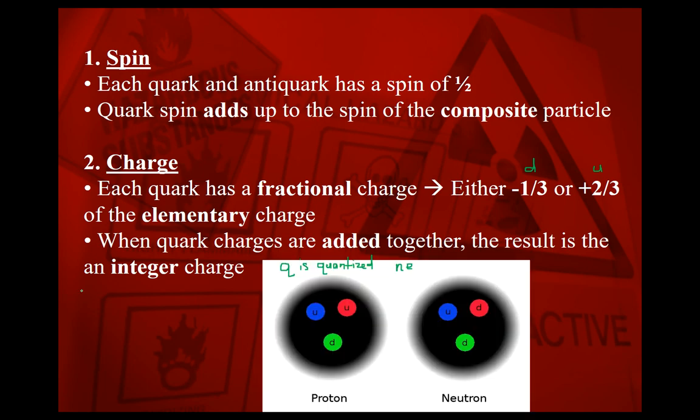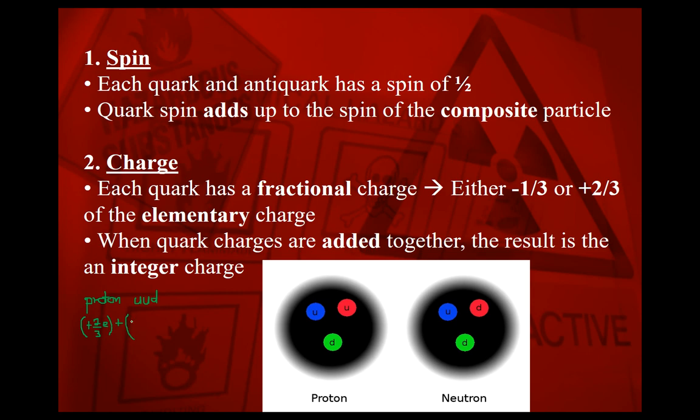Okay, so here's a diagram that shows the quark configuration of both a proton and a neutron. So a proton has a quark configuration of U, U, D. So let's confirm this. What happens if we add all these fractional charges together? Fractional charge of an up quark is +2/3 the elementary charge.